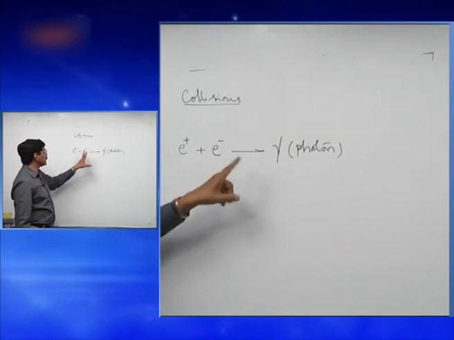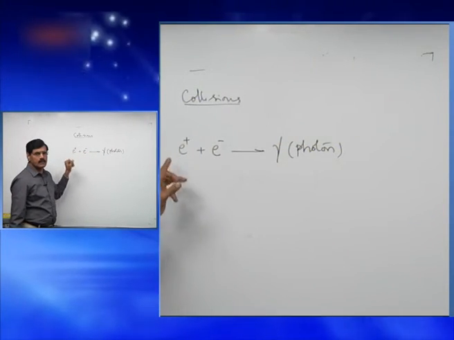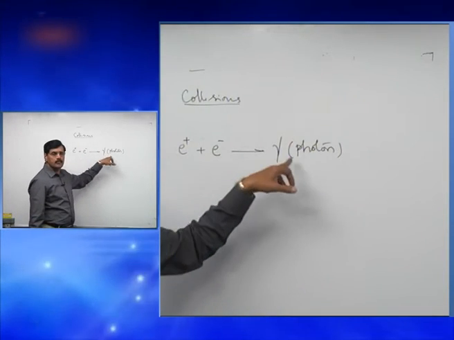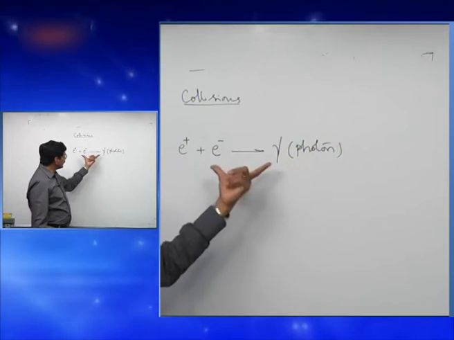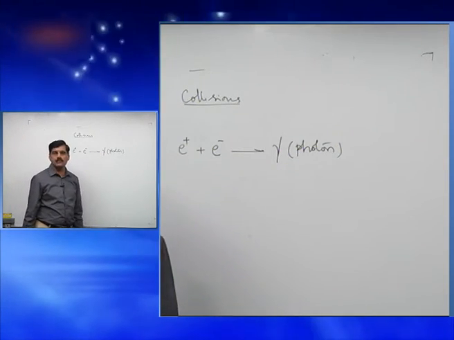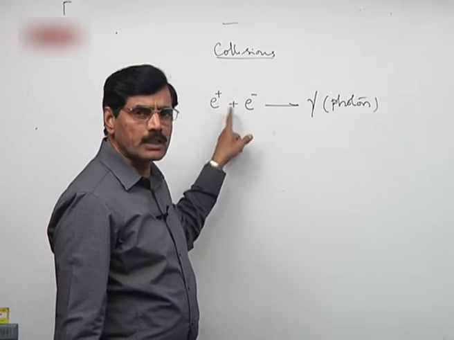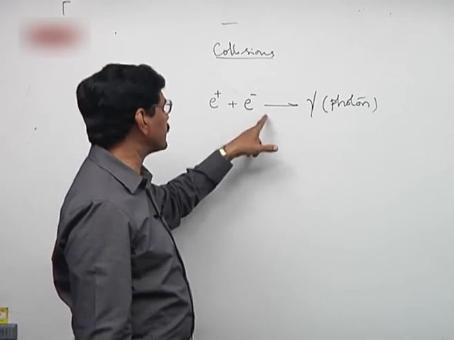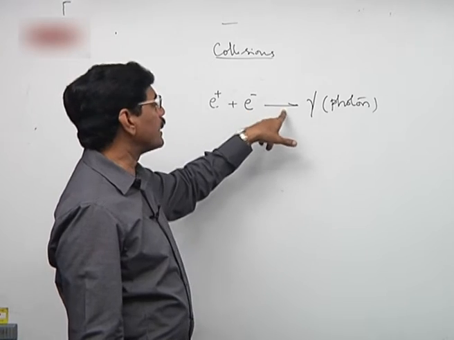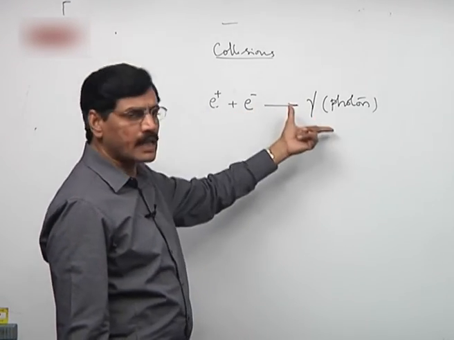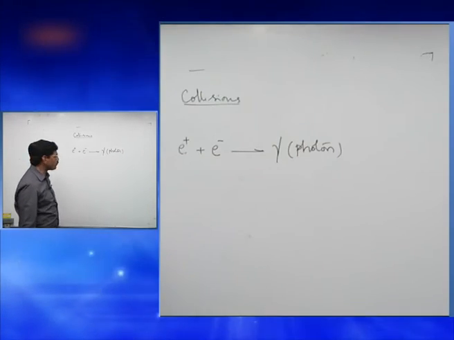This means in this process both electron and positron are completely vanished, the particles are lost. In that place we are getting energy. This event also we call a collision. The reason is that here large quantum mechanical forces, exchange interactions, act on the particles and give rise to energy. Entirely the particles are lost, even then we call it a collision.